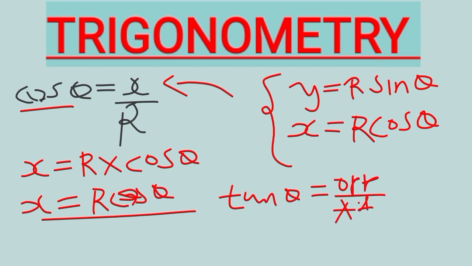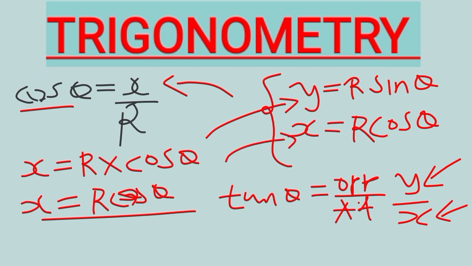Now we have put our triangle on a Cartesian plane, and these sides have been affected. Where there was opposite, we are now representing it with y, and for adjacent with x. So tan theta will be equal to y over x. Where is y? It's obvious, we can put the value of y there. And where is x? We can also put the value of x there, which is r sin theta over r cos theta.